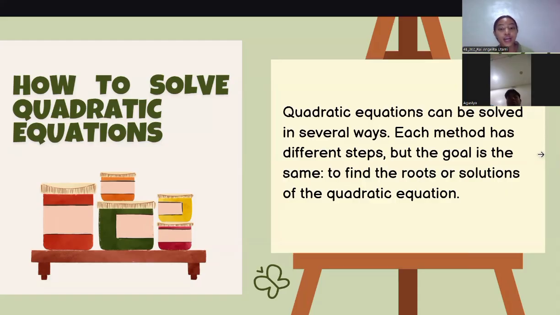For example, we will learn factoring, completing the square, and using the quadratic formula. However, please remember that even though the steps are different, the goal is the same. The goal is to find the roots or solutions of the quadratic equation. In other words, we are looking for the values of x that make the equation true.